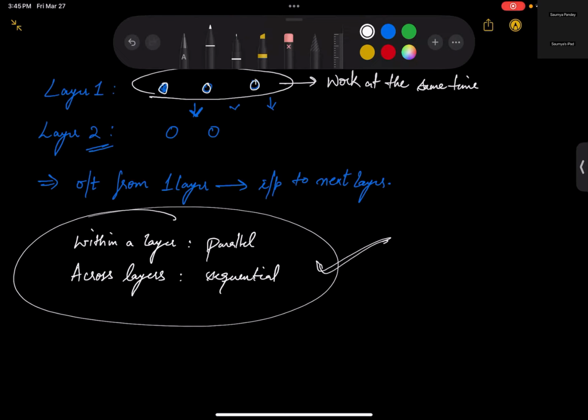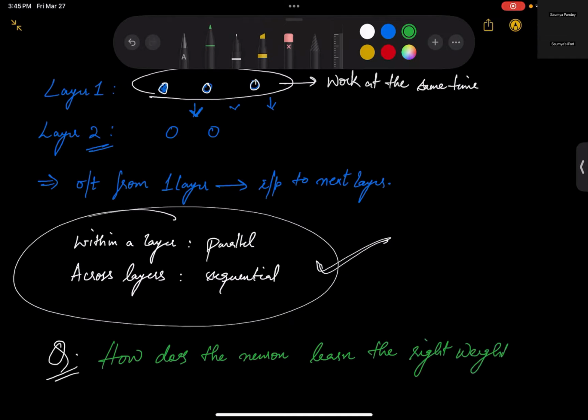Now the next question would be, how does the neuron learn the right weights? This would be our next question. And that would be in lecture 2.